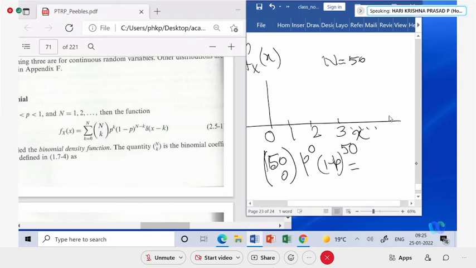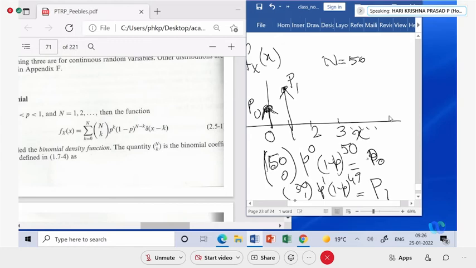Then 50C1, p power 1, (1 minus p) raised to power 49. Put these values in this graph. Have this value, say p0, p1. So p0 is here, p1 is here. In the textbook, the problem is solved and this plot is available. That is how we need to plot the density function.